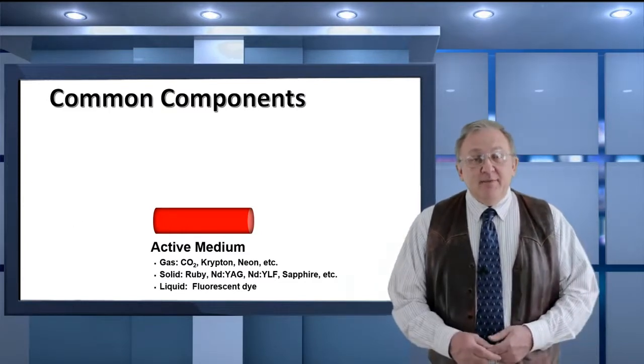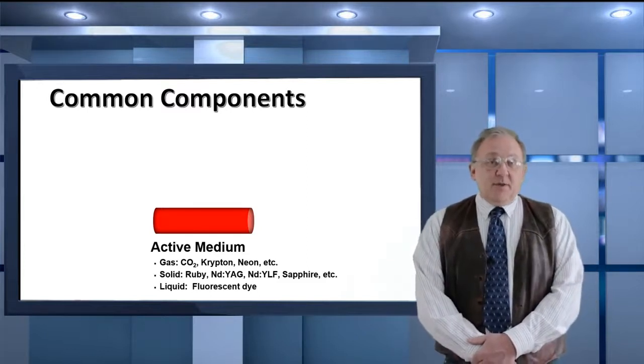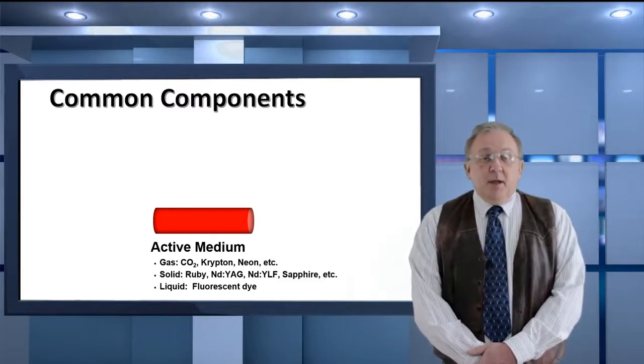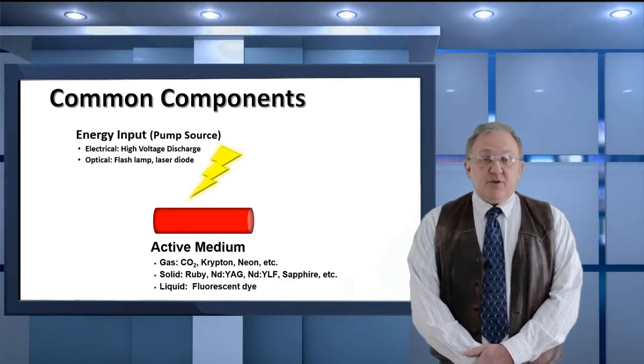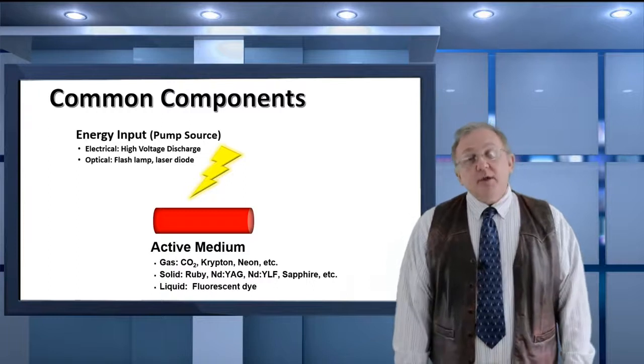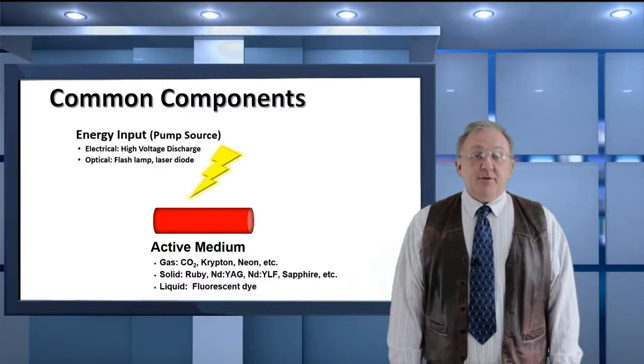The gain medium can even be a liquid, although dye lasers are not used in micromanufacturing, and there are several reasons for that. The pumping source or energy input can be electrical, such as an HV discharge in an excimer laser, or it can be optical, using laser diodes to pump, for instance, a YAG or fiber lasers.